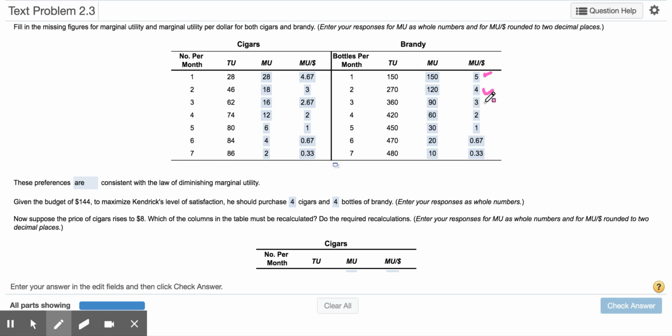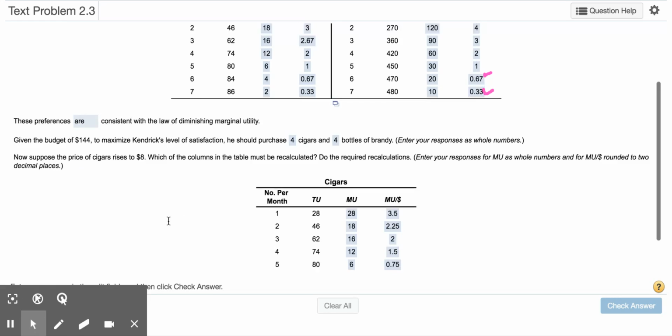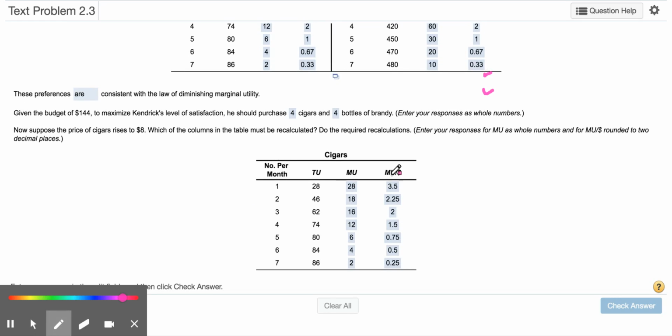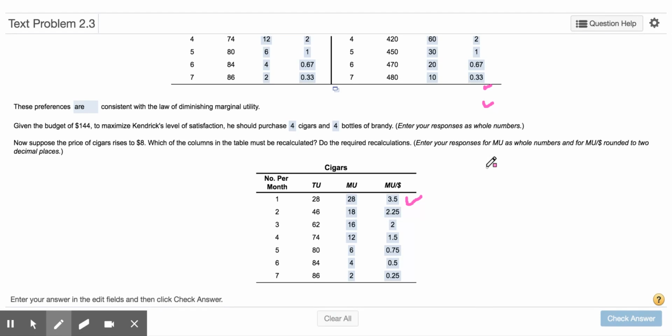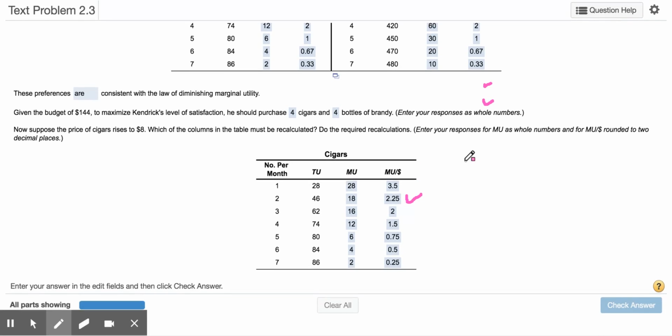Should he buy a third unit of brandy, we give him 3, but the first unit, if he spends it on cigars, on the other hand, we give him 3.5. So he should spend the money on cigars. Again, you need to be careful that you are still within the budget constraint, right?